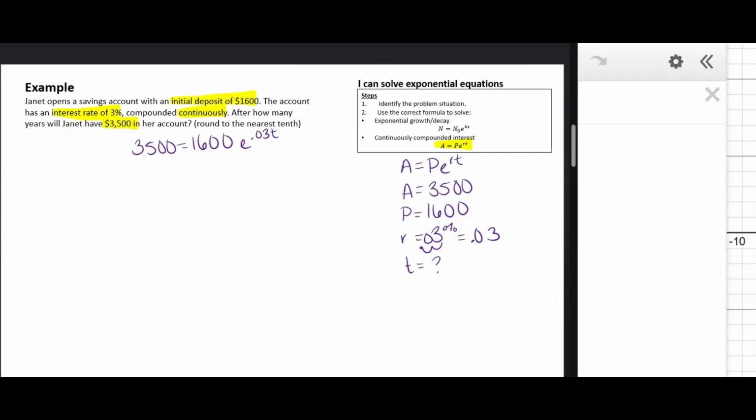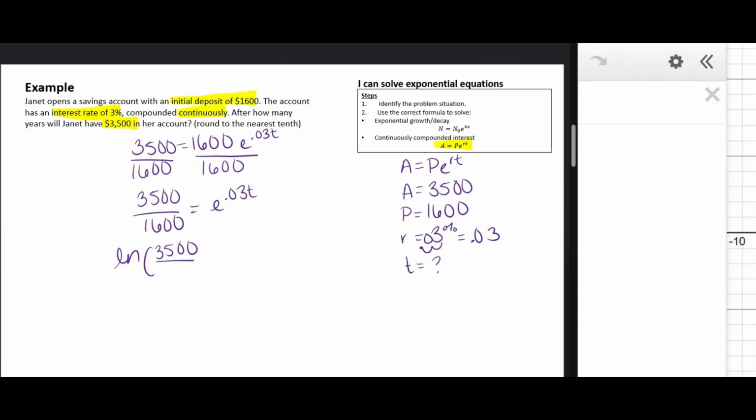So now we need to work on isolating that exponential term. So we're going to go ahead and divide both sides by 1600. So when we divide both sides by 1600, we have 3,500 over 1600 equals e to the 0.03t. So now that the exponential term is isolated, we can go ahead and take the natural log of both sides.